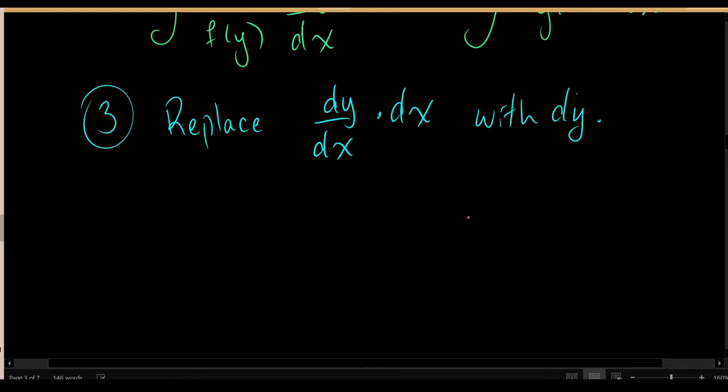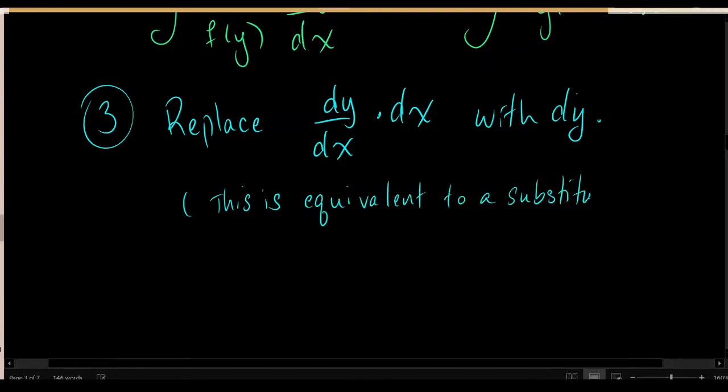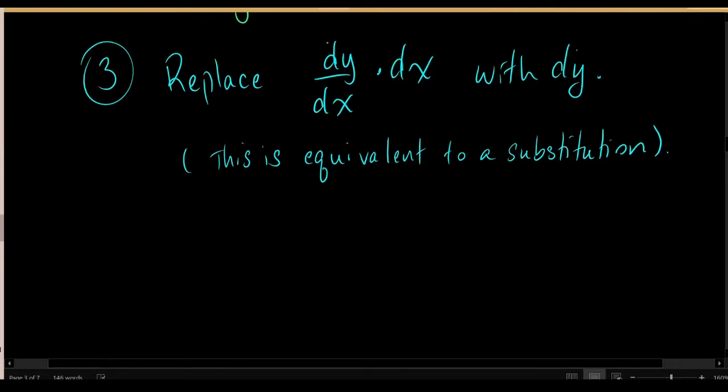That's not really what you're doing. Technically what you're doing is almost a substitution, what you called u substitution in Calc 2. But in practice, no one really thinks about this in those terms. We really think about it as cross-canceling these two dx's.